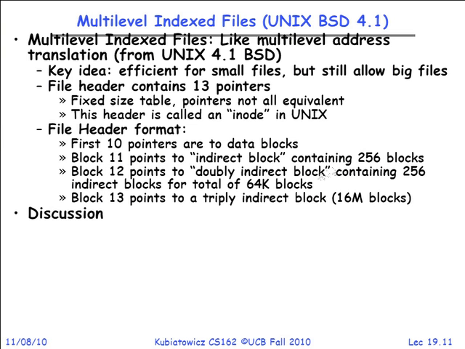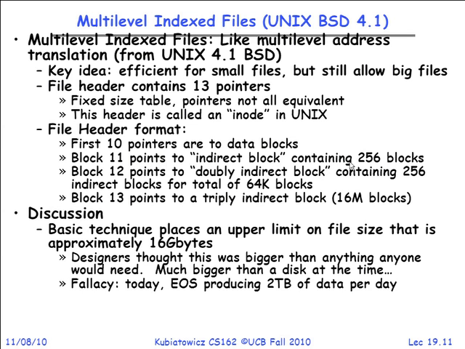We'll show you an example in a moment. But basically, if you have 1K blocks, this allows file sizes up to 16 gigabytes, which, by the way, was bigger than anybody in the world could possibly imagine a file needing to be. Now, unfortunately, pictures that one takes on vacation trips are 16 gigabytes with new cameras.